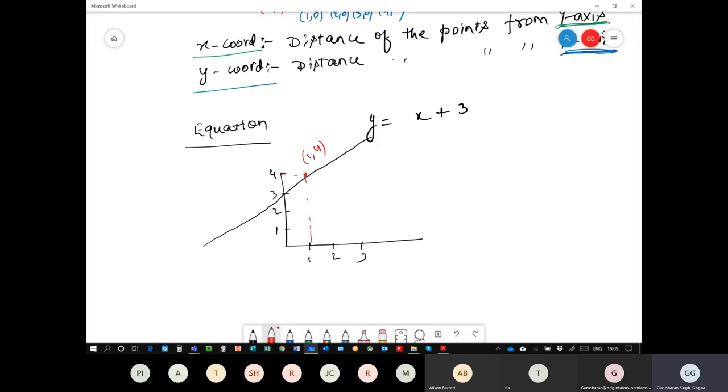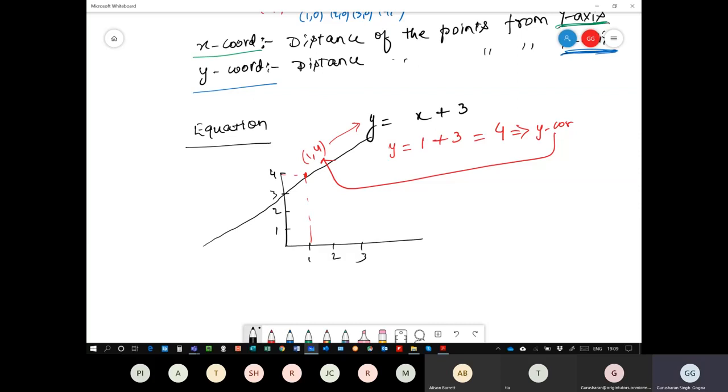What is the x coordinate of this point? 1. So if I substitute 1 here, I will get 1 plus 3 equals 4. And this 4 is equal to the y coordinate of this point. What does it mean? It means that this point satisfies this equation.